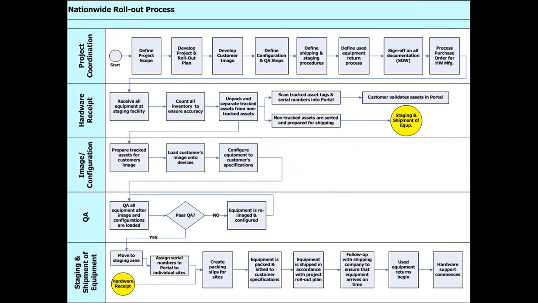Anytime we do a deployment, all deployments follow the following steps that you see on your screen here, and I don't expect you to be able to read all of those boxes, but the major ones are project coordination, and that's working with the client to make sure that deadlines are met and budgets are kept under. Receiving the product, inspecting it, breaking it apart.